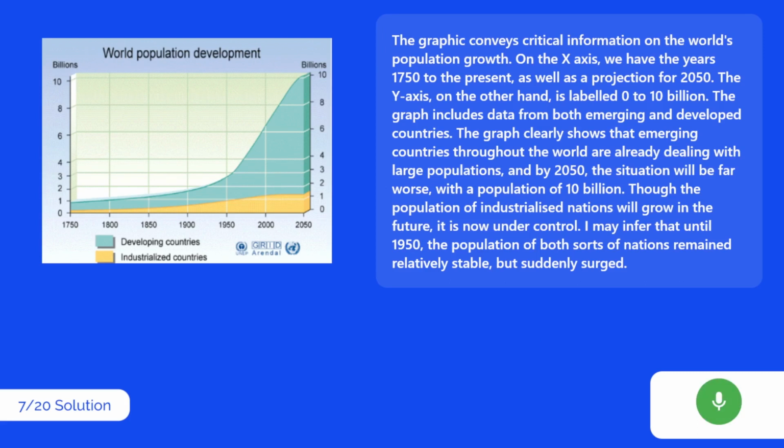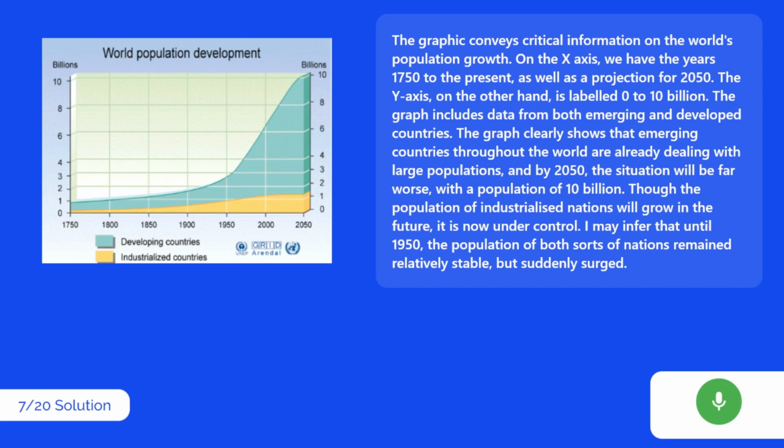The graphic conveys critical information on the world's population growth. On the x-axis, we have the years 1750 to the present, as well as a projection for 2050. The y-axis, on the other hand, is labeled 0 to 10 billion. The graph includes data from both emerging and developed countries.